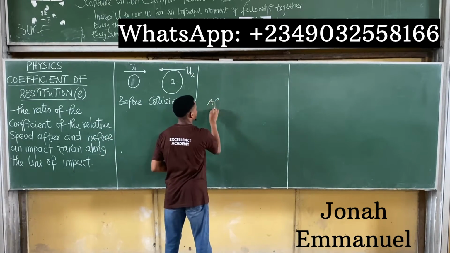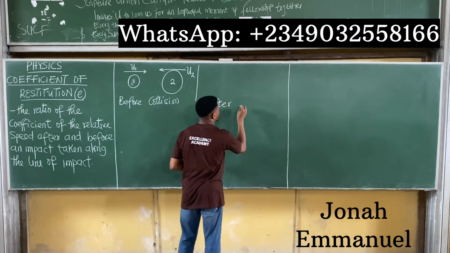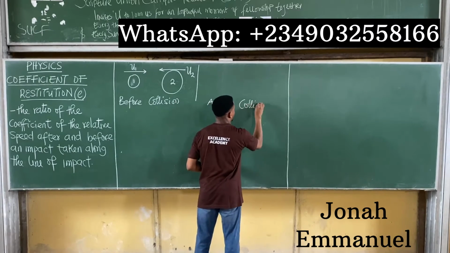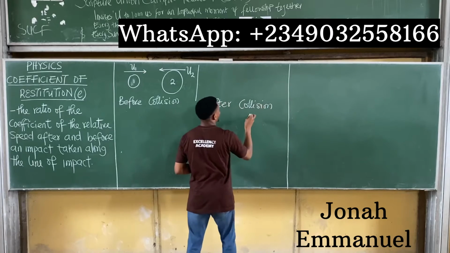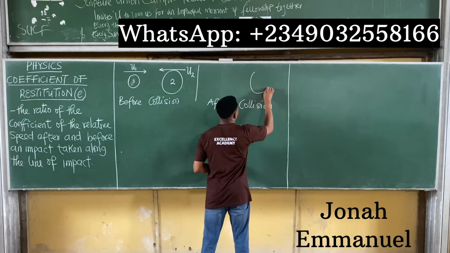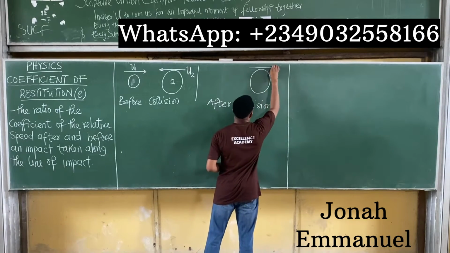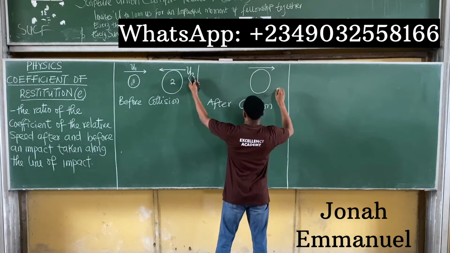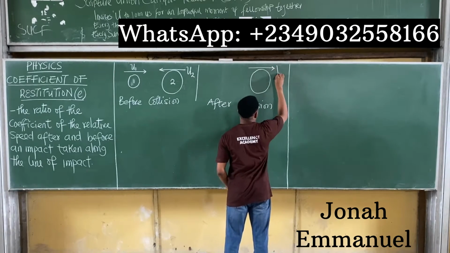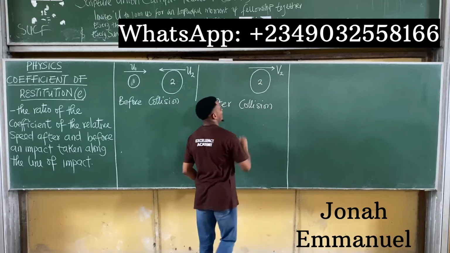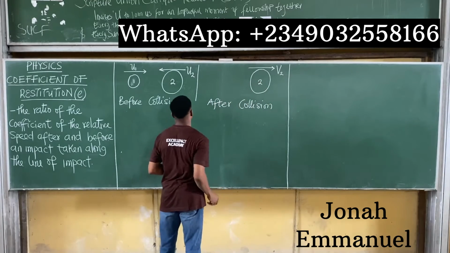After collision, let's say they move in separate or opposite directions. So after collision, body B moves this way in the opposite direction. The initial was u2, and let's call the final here v2. That's the final velocity of body 2 after collision.